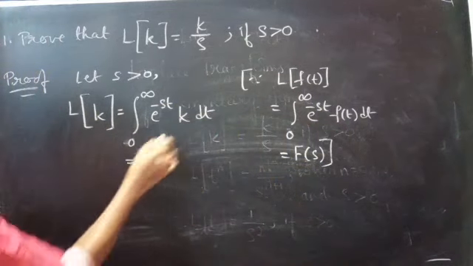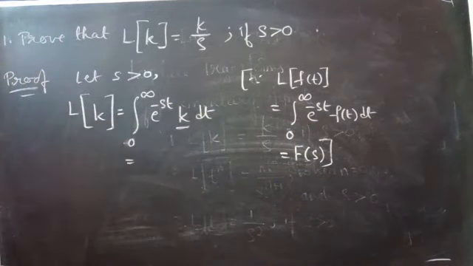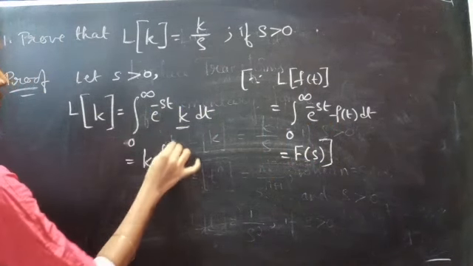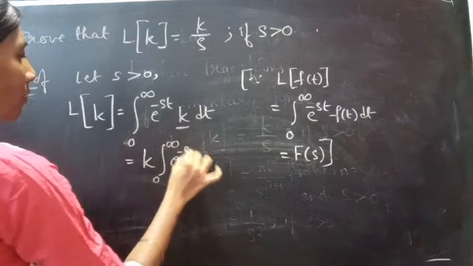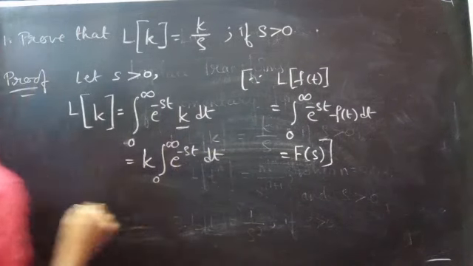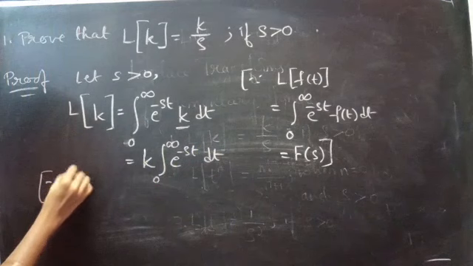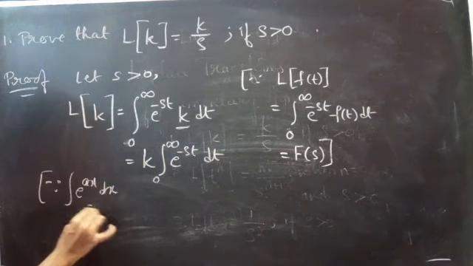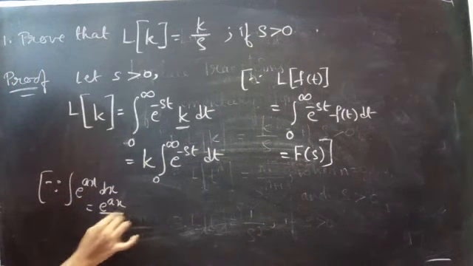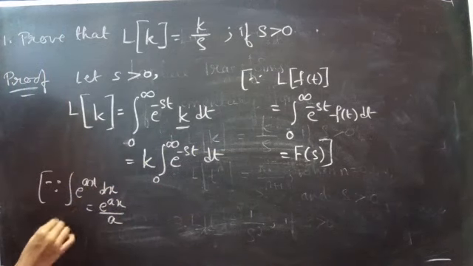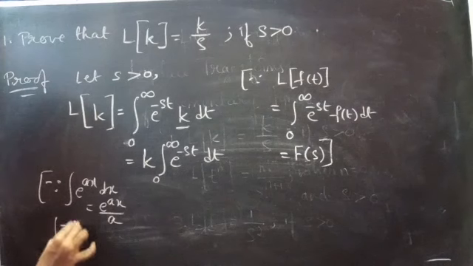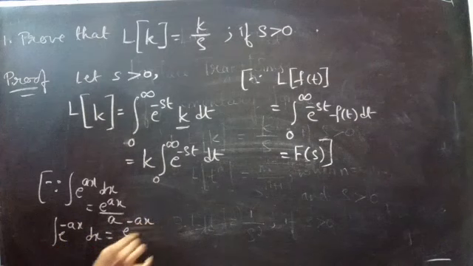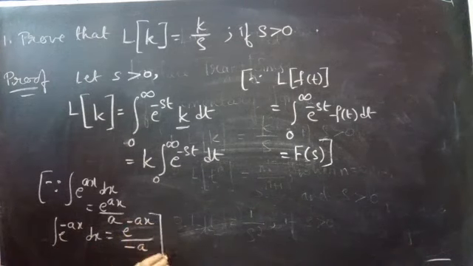Since k is constant, you can take it outside the integral. Then you get k into the integral from 0 to infinity of e power minus st dt. Since the integral of e power ax dx is e power ax by a, the integral of e power minus ax dx is e power minus ax by minus a.